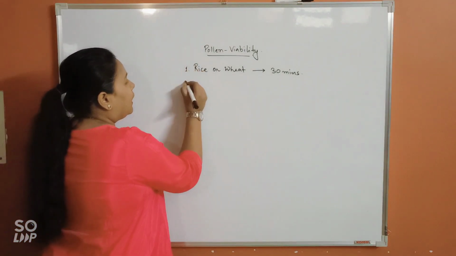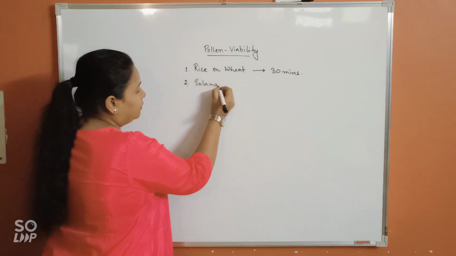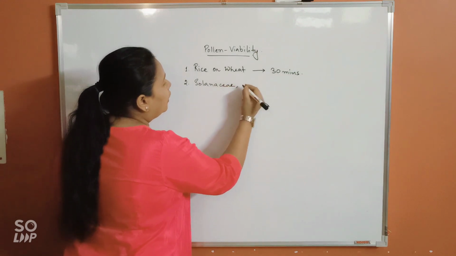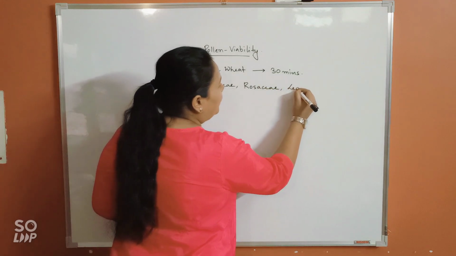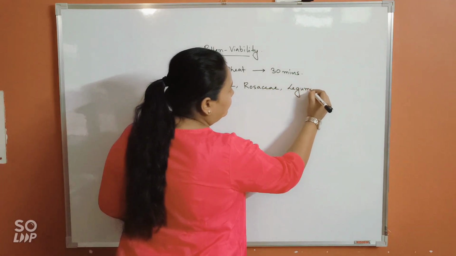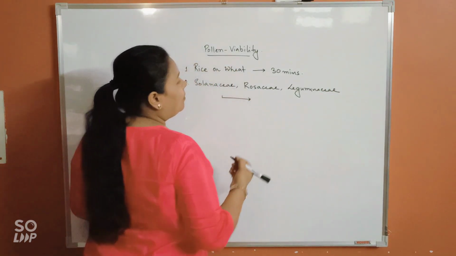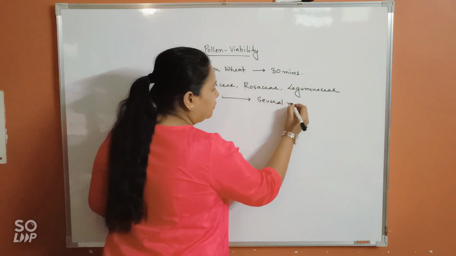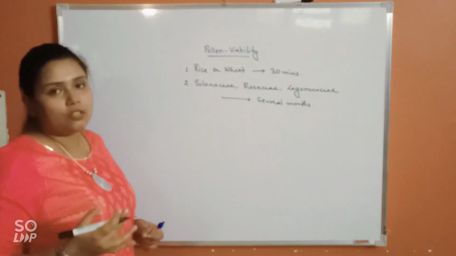Whereas in certain members of Solanaceae, Rosaceae, or Leguminosae, the pollen viability might last for several months. So it keeps varying from one species to another.